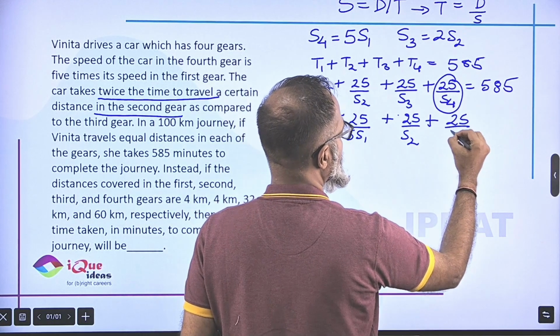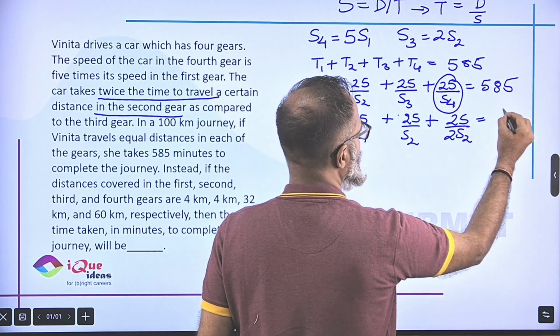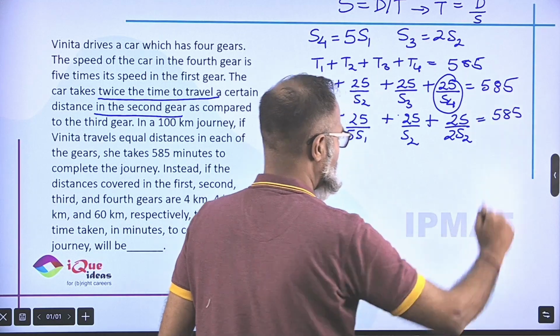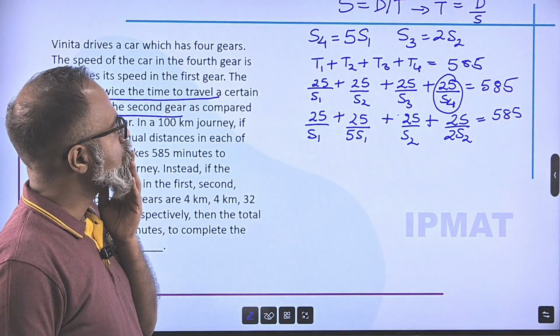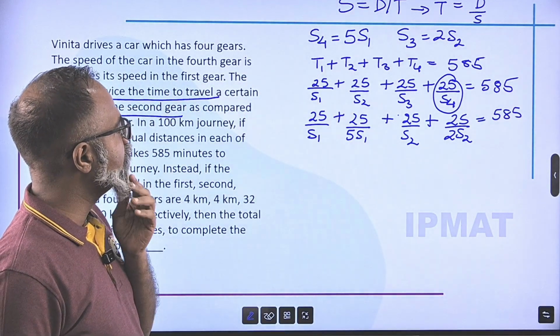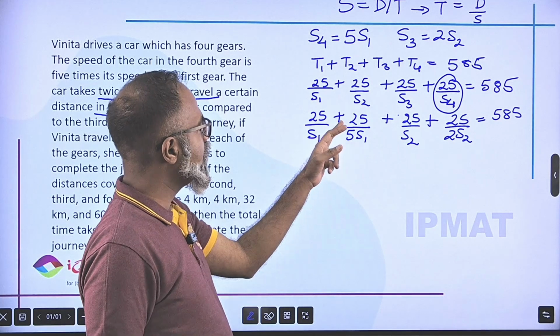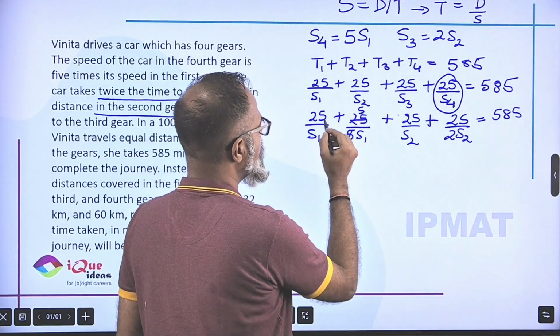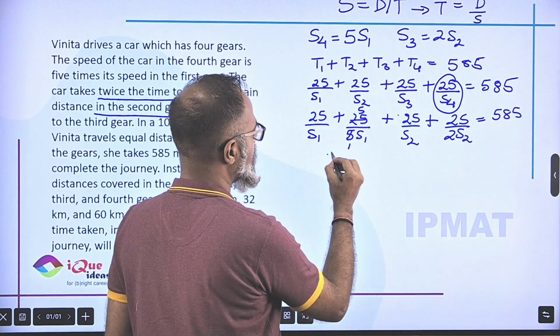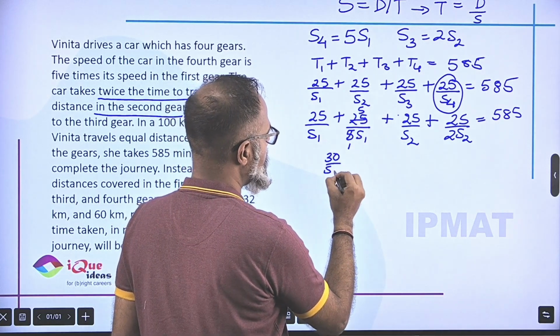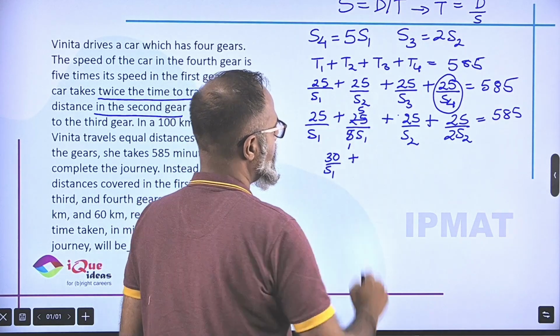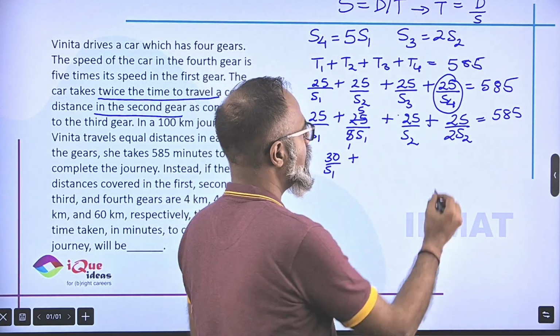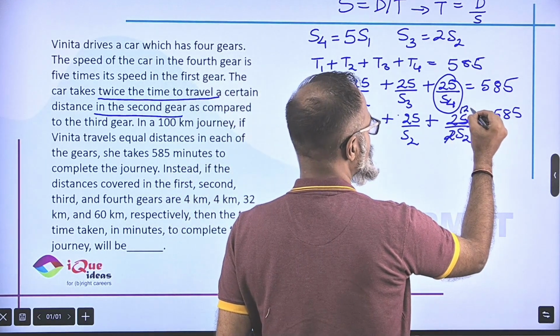So 25 upon 2s2 is equal to 585. Great. So now I need to simplify this. So 25 upon s1 plus 25 upon 5s1, which is 5 upon s1, becomes 30 upon s1 plus 25 upon s2 and 25 upon 2s2 is 12.5 upon s2.